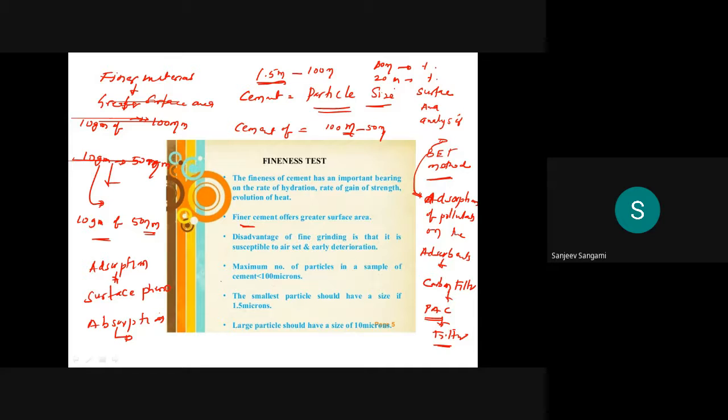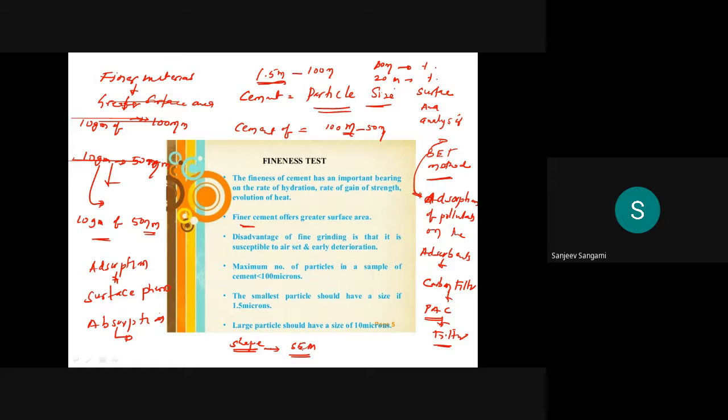And one more, the shape is also a very important aspect. How the shape of the particles has to be decided: if the particle shape is angular, how is it going to affect? If the particle shape is circular, how is it going to affect? So how exactly can this shape be measured? Normally we do it using SEM analysis.